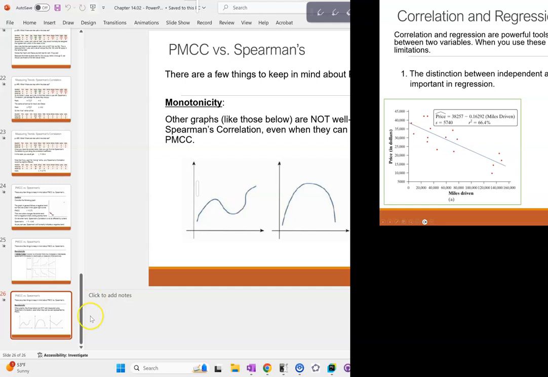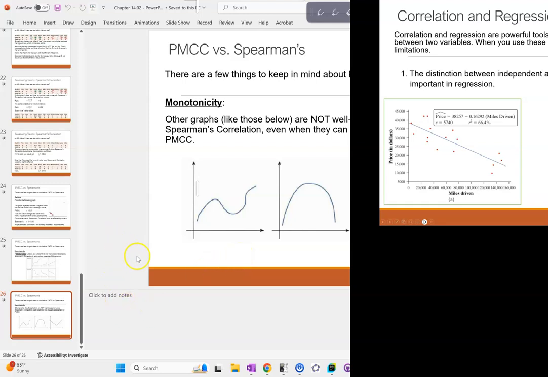All right, let's take a look at an example. This is the value of a car based on how many miles it's driven. So here I put the miles driven as the independent variable and the price as the dependent variable. If I look at the R squared value, which is related to R, but we'll talk about what it means more.